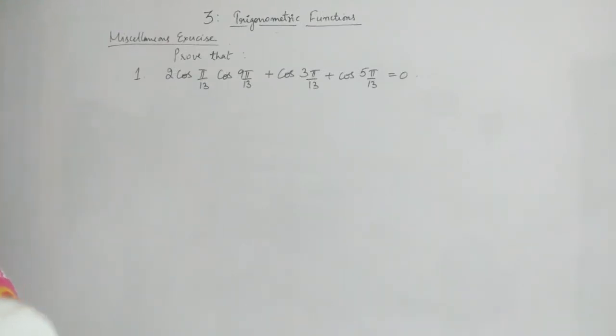Prove that, first question, 2 cos pi by 13 cos 9 pi by 13 plus cos 3 pi by 13 plus cos 5 pi by 13 is equal to 0.